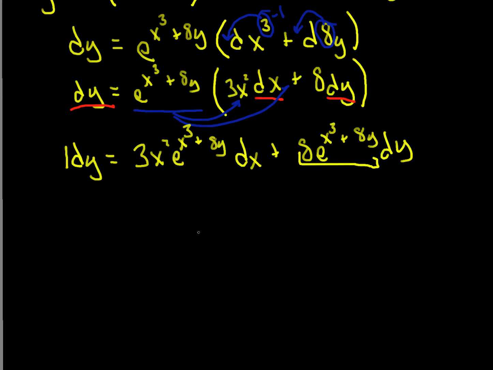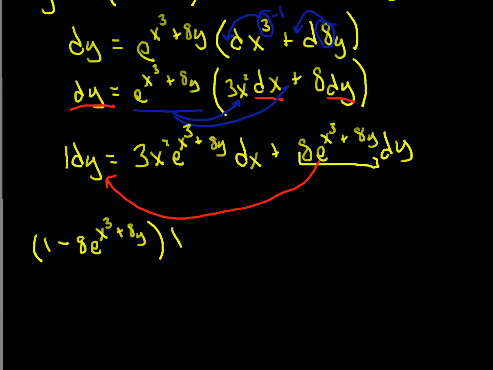So subtracting this from both sides, bringing it over, the left-hand side will become 1 minus 8 e to the x cubed plus 8y, all times dy, and it equals 3x squared e to the x cubed plus 8y, all times dx.